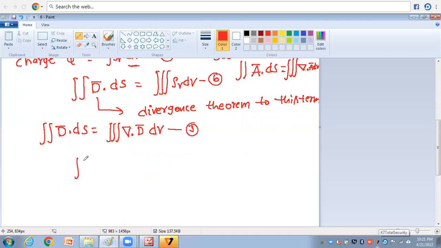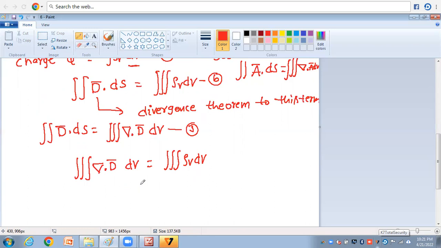Now what happened? While applying the divergence theorem, this D bar dot dS is converted to the triple integral of del dot D bar with respect to dv. Then as it is, I write the triple integral rho v dv. Now equate these two terms.